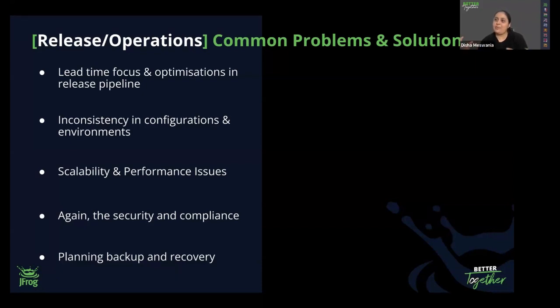A particular product or a piece of code which is working just fine within a limited set of users, or a limited set of functionality testing, might not work the best when it is tested against scalability and performance, right? So that is another issue that the deployment or operations people have to deal with.